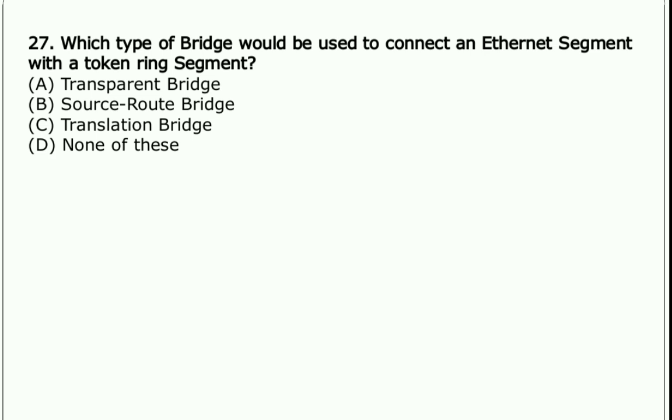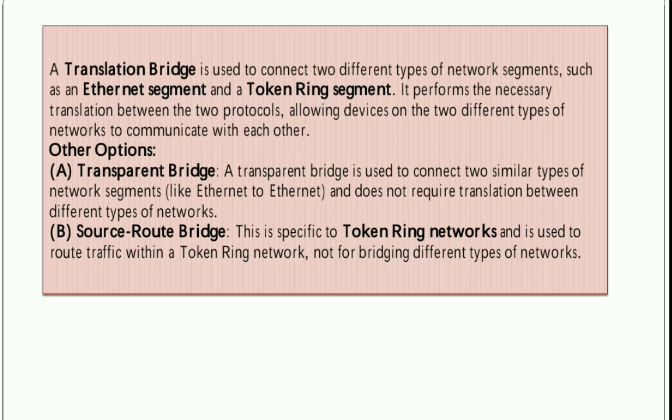Source routing is a communication protocol in which the sending station is aware of all the bridges in the network and predetermines the complete route to the destination station before transmitting. Token ring uses this method. So the answer is the translation bridge. So we will use the source routing in the token ring network.